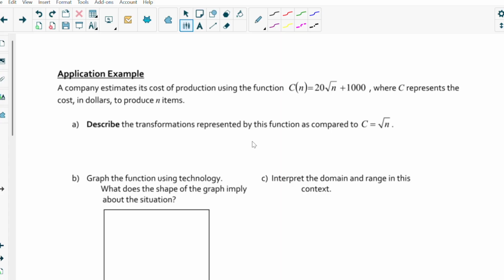Application example: a company estimates its cost of production using the function cost as a function of number of items, C of n equals 20 times square root of n plus 1,000, where C represents the cost in dollars to produce n items. Describe the transformations represented by this function as compared to C equal to square root of n. So let's do this.